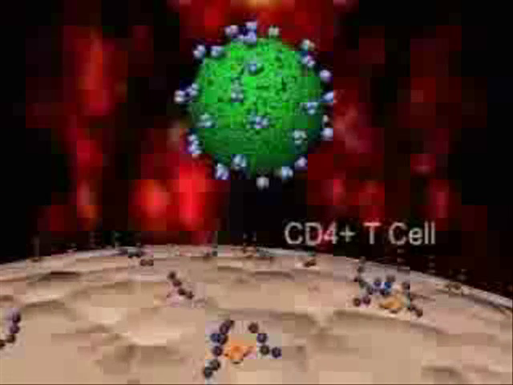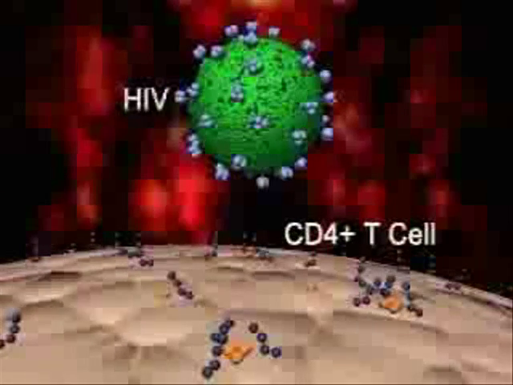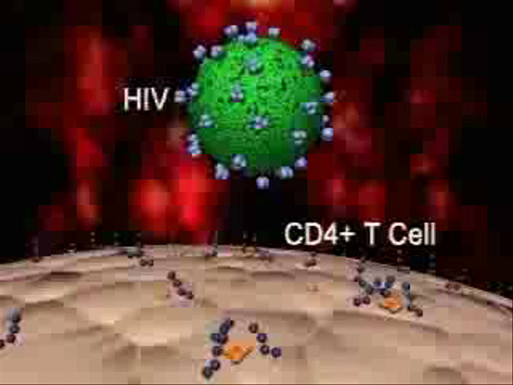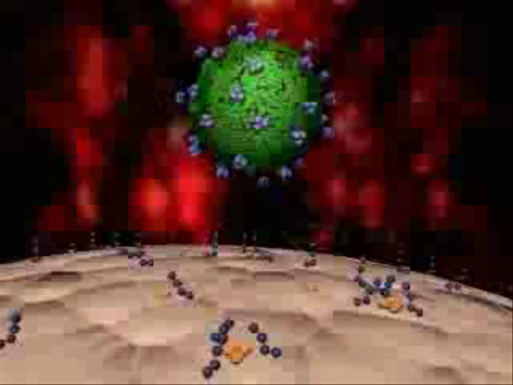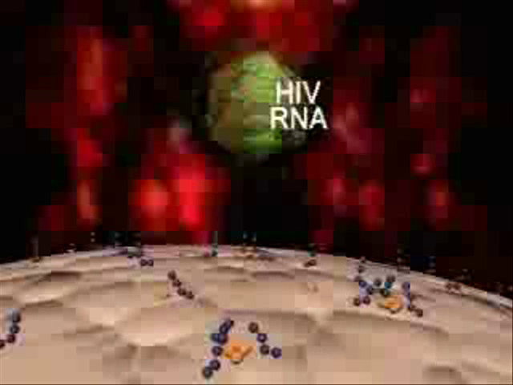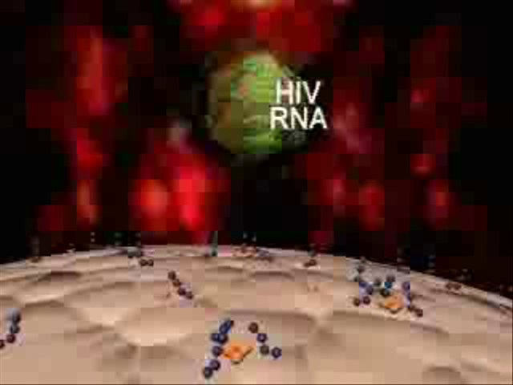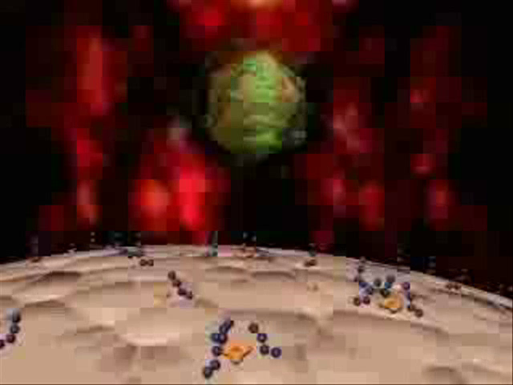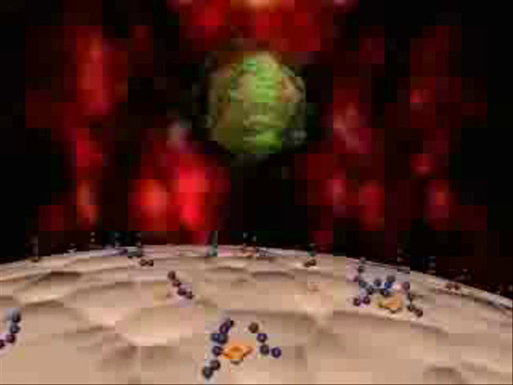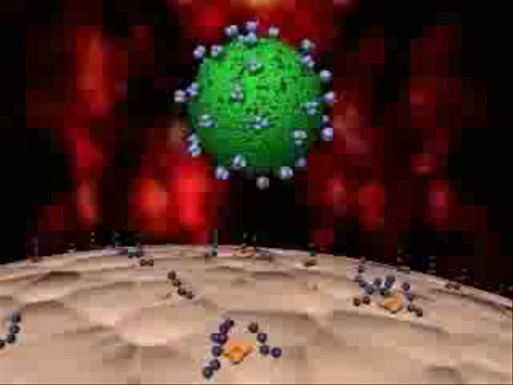HIV, like all viruses, lacks the ability to reproduce on its own. In order to replicate, HIV must target and infect a host cell, such as the CD4-positive human T cell. HIV is composed of a viral core containing 2 identical strands of RNA associated with the enzyme reverse transcriptase and other core proteins.